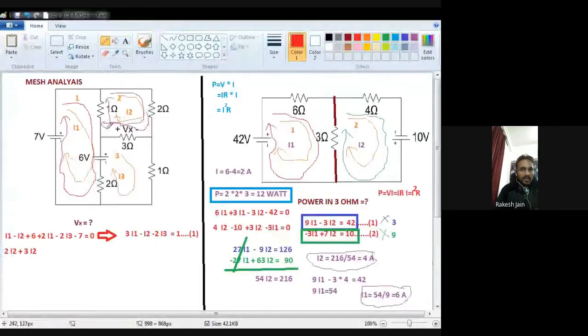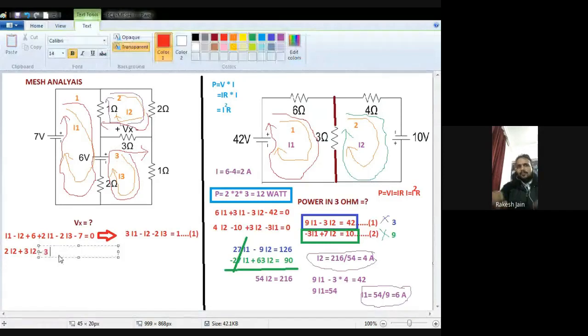But when this I3 passes through the 3 ohm, it will come from left to right. So both directions are opposite. I2 passes through the 3 ohm right to left, and I3 passes through this 3 ohm left to right. Because I am writing the equation for the second mesh, my current takes the positive sign and the other current the opposite sign.